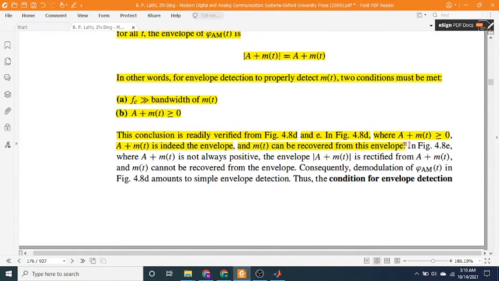In Fig. 4.8e, where A + m(t) is not always positive, the envelope |A + m(t)| is rectified from A + m(t), and m(t) cannot be recovered from the envelope.